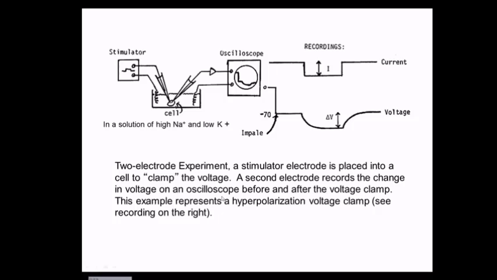So let's take a look at this experiment so we can further describe how it was determined that threshold really exists. And this is a two-electrode experiment again. Okay, we have a probe inside the cell and a ground in the extracellular fluid, and that is measuring the action potential on an oscilloscope.